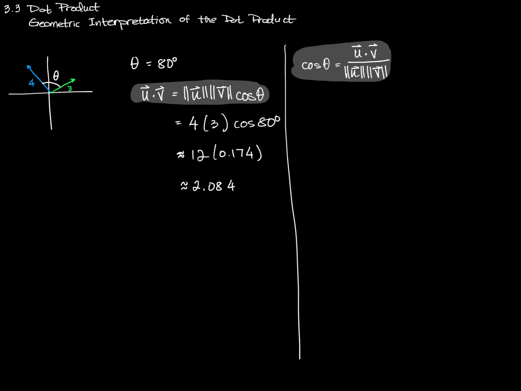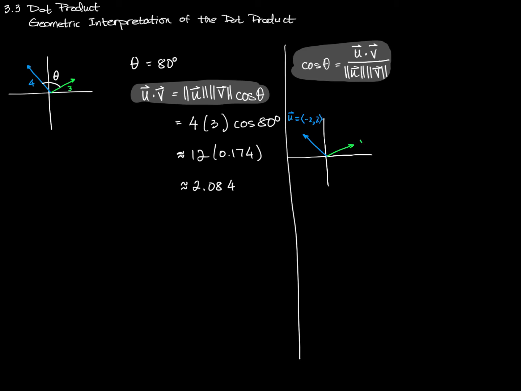If I have a vector u and a vector v, and I know that the vector u is, I'm going to use this angle bracket notation here just because it's a little bit less cumbersome, let's say that's negative 2, 2.